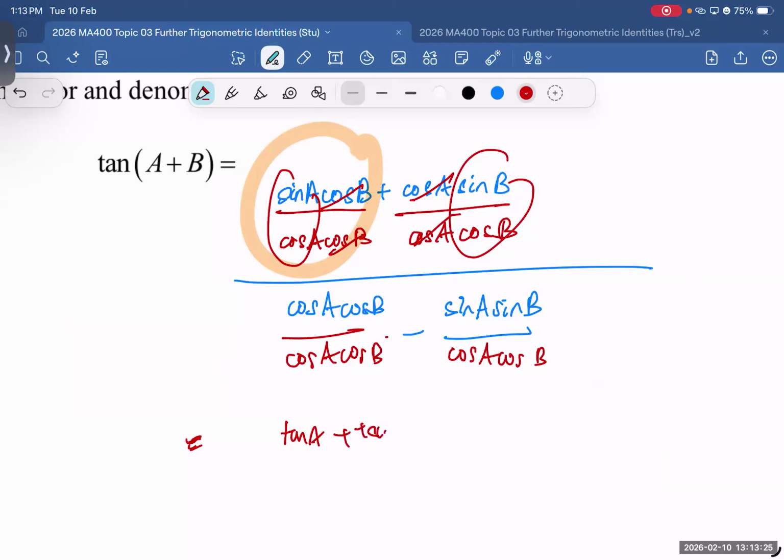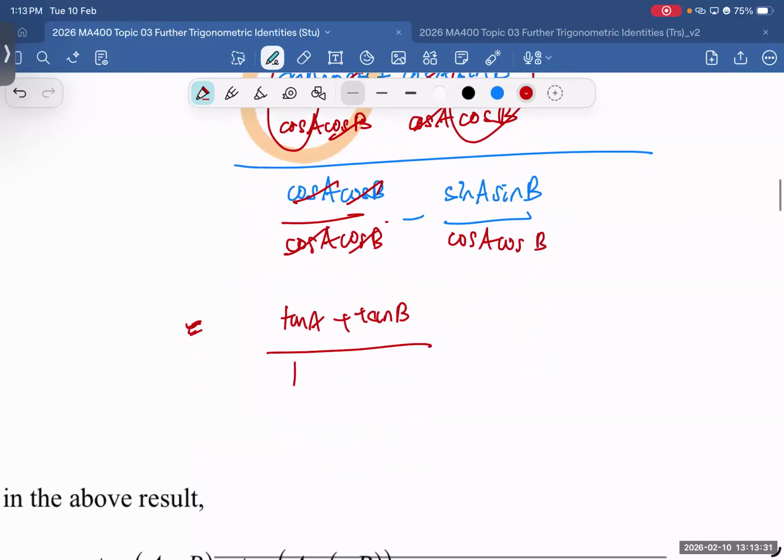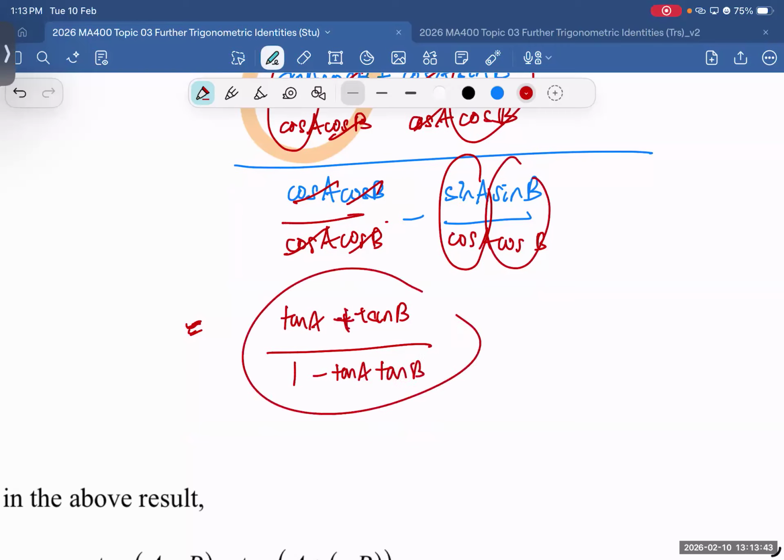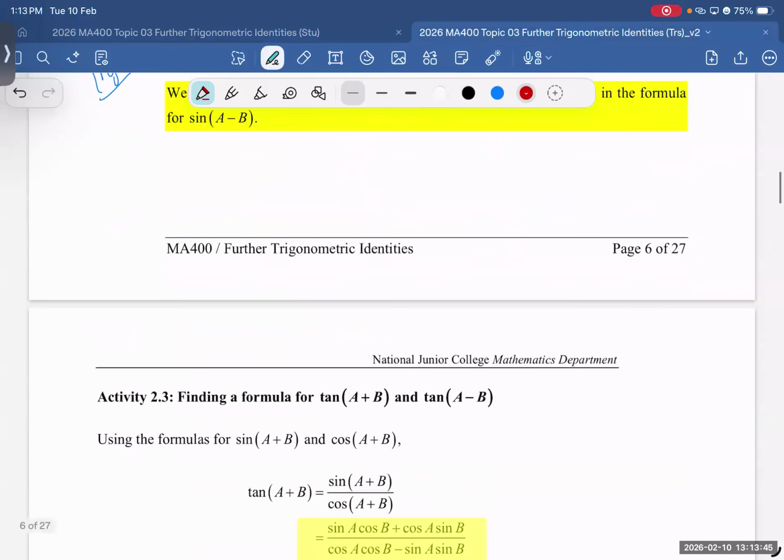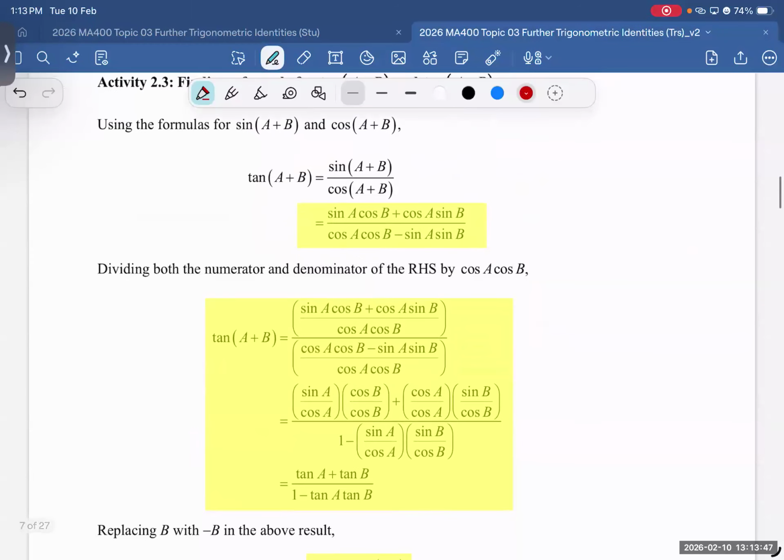Tangent B. Cosine, cosine, cos A cos B, 1. Correct? So that's why you see the formula is as follows. Okay, guys? Then, this is the formula.